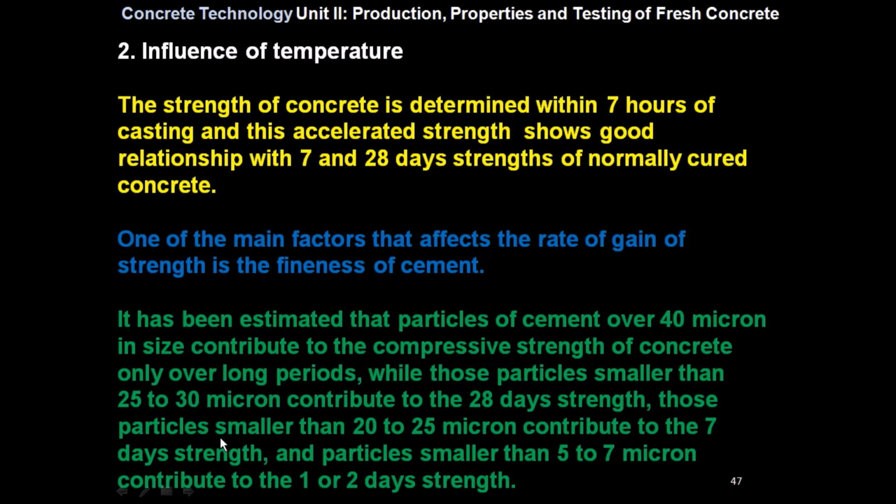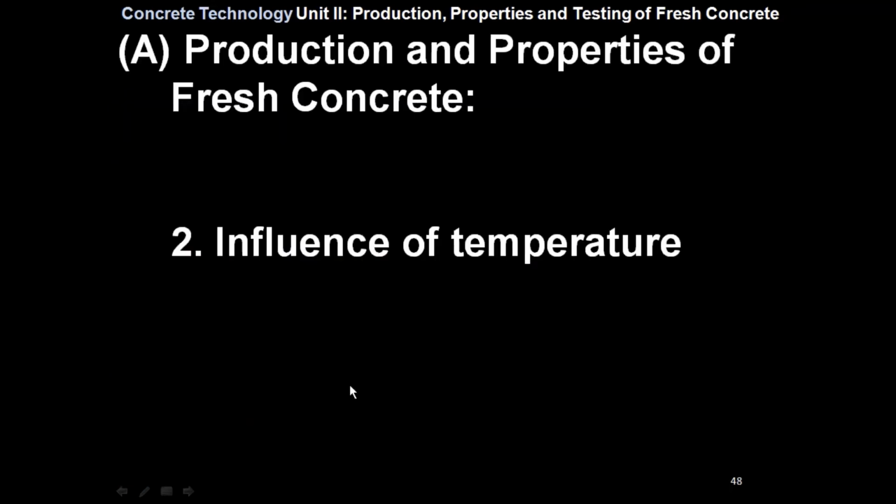Those particles smaller than 20 micron to 25 micron contribute to the 7-day strength, and the particles smaller than 5 micron to 7 micron contribute to the 1 day or 2 days strength. So we have seen the influence of temperature.